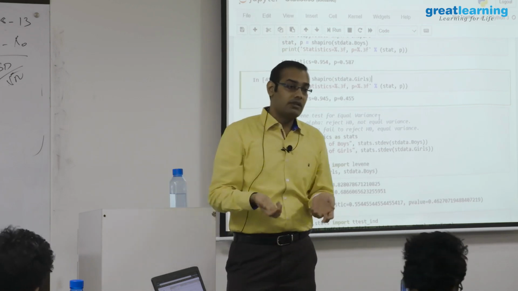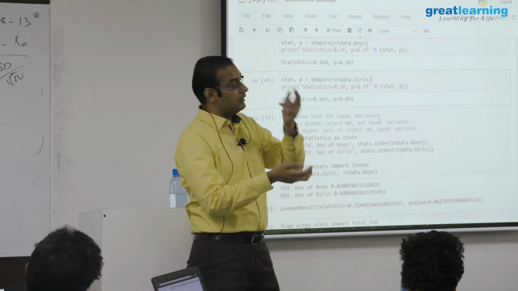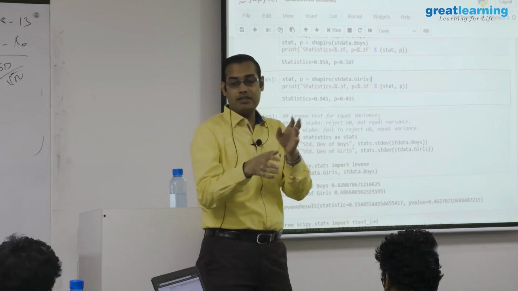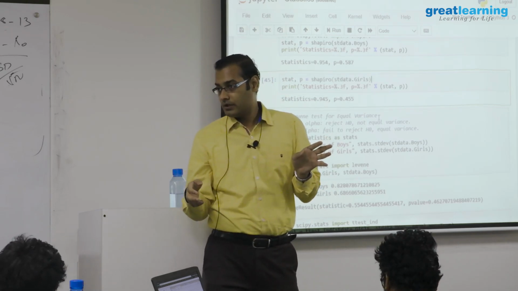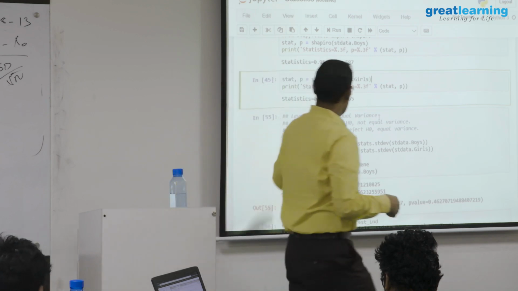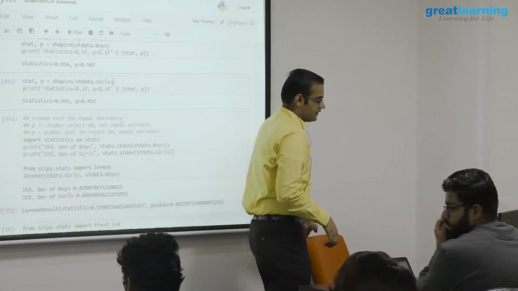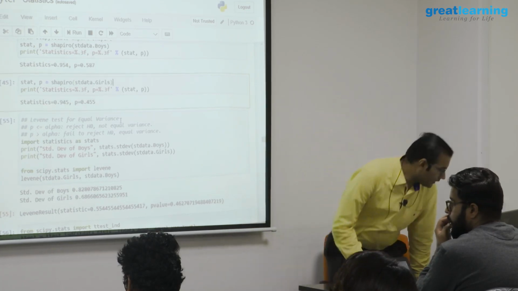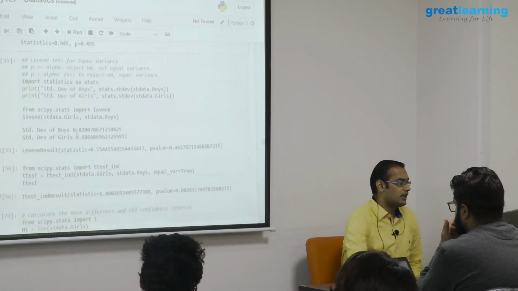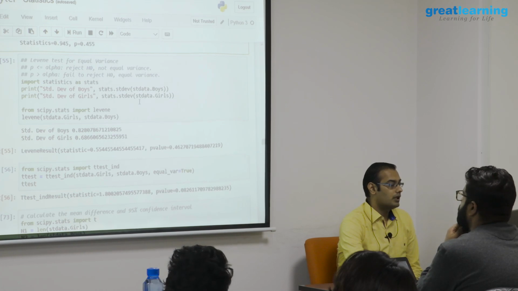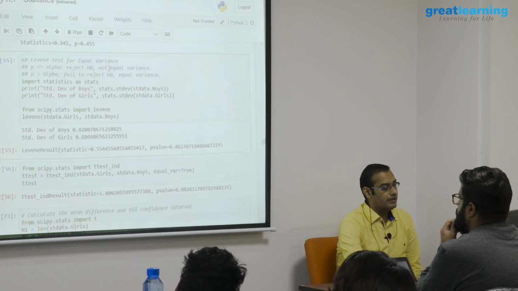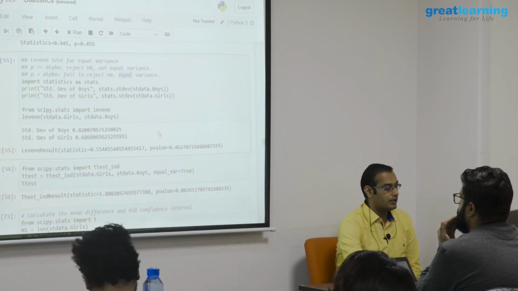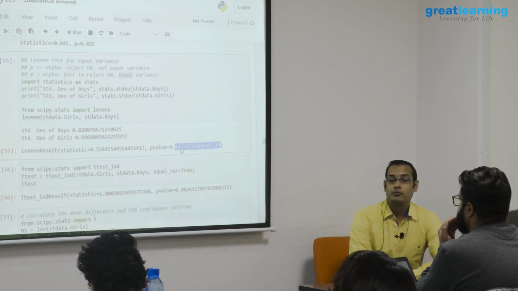If it is not equal, then you have to use a t-test saying that variance is unequal, so it will have some adjustment factors. So here my Levene test is saying that the variance of these two are equal. The null is not equal variance, alternate is equal variance. I get a p-value of 0.46.